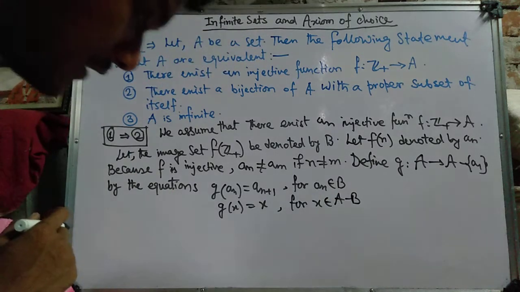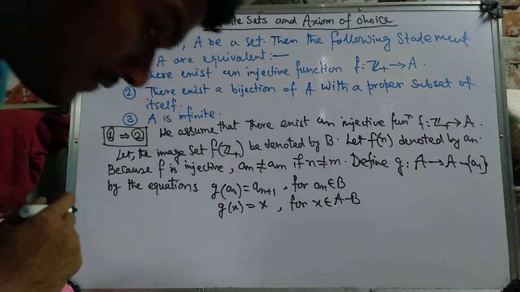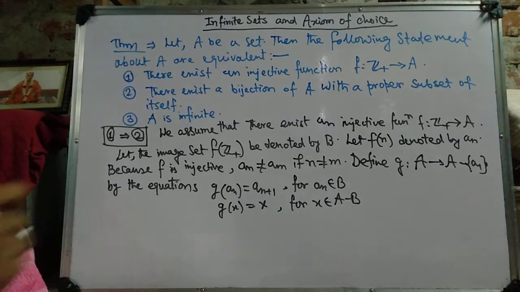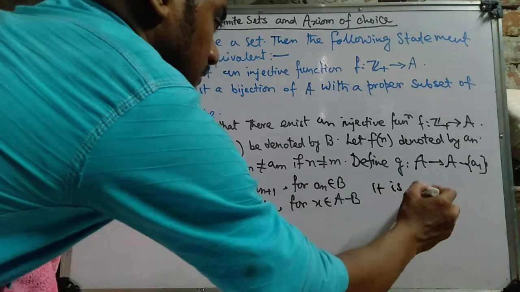Then the map G is injective, and symmetrically one checks easily that it is a bijection. So it is a bijection.